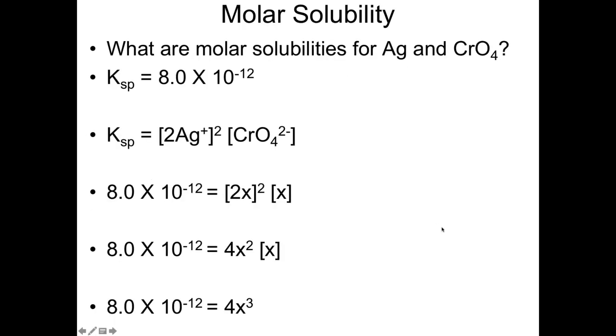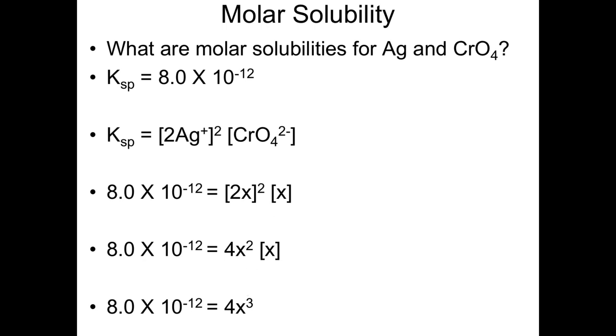And then for the molar solubility, what are the molar solubilities for silver and chromate? The KSP is 8.0 times 10 to the negative 12th. For KSP, again, you'll have 2x squared times x, which makes 4x cubed.